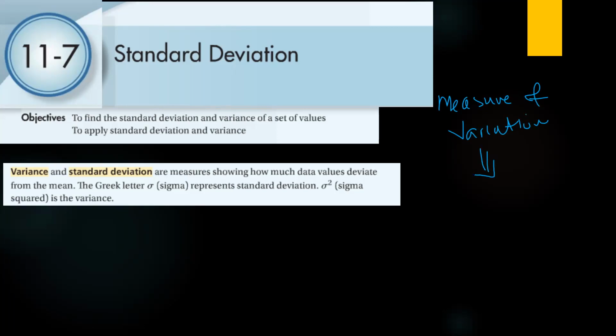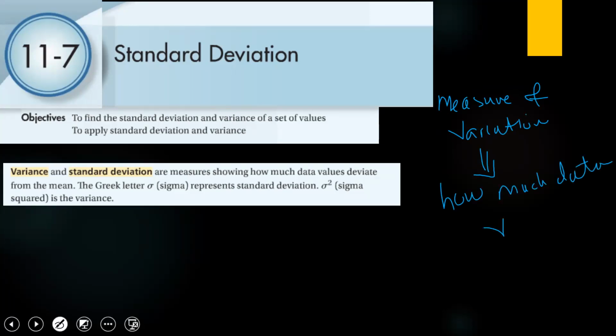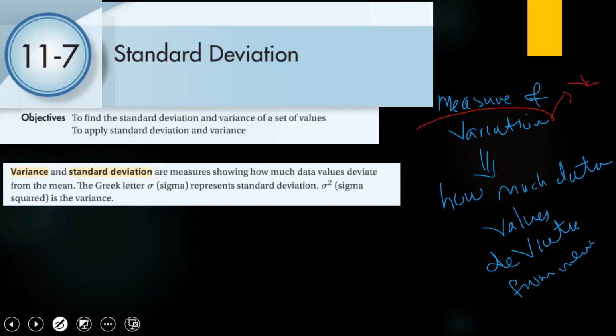They show me how much data values deviate from the mean. So when I talk about measures of variation, I mean variance and standard deviation, which measure how much values deviate from the mean.